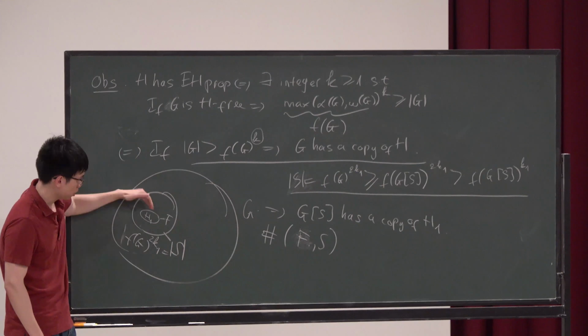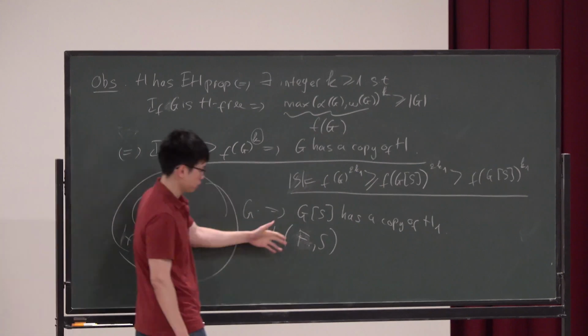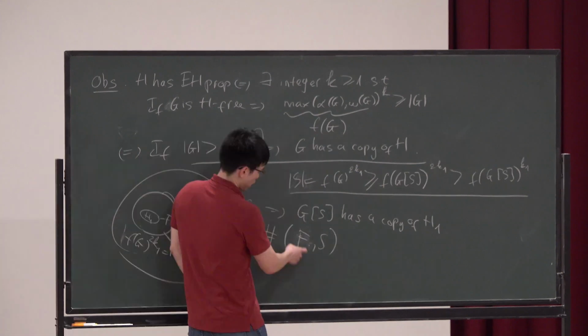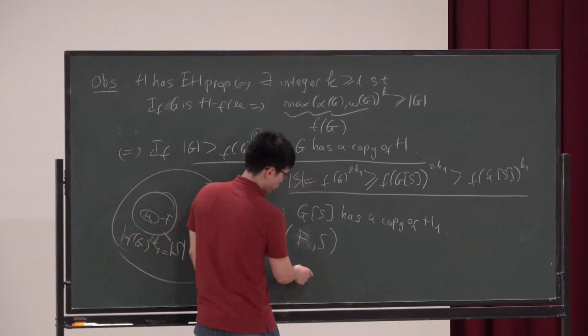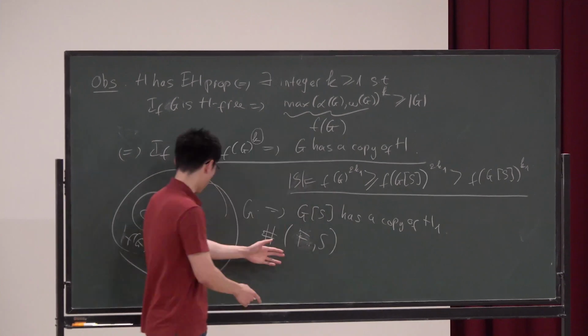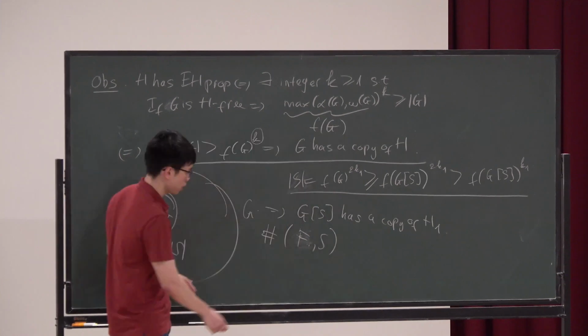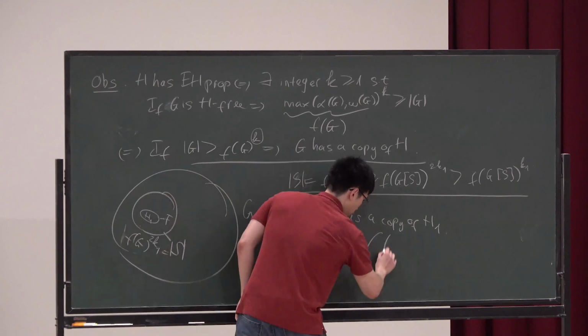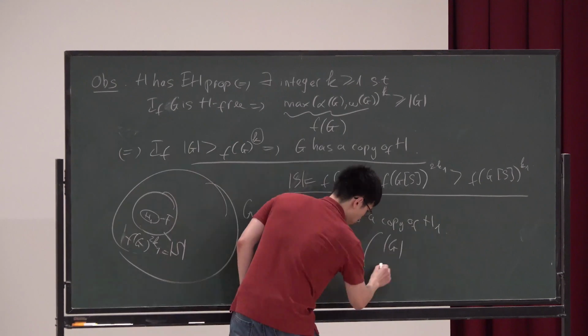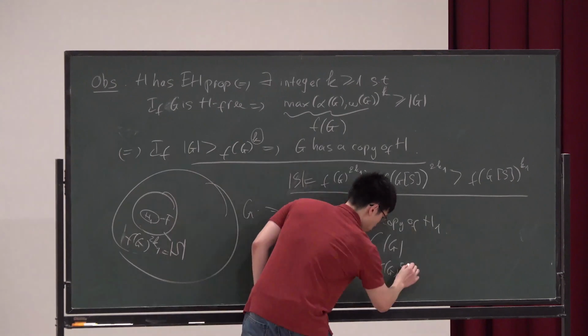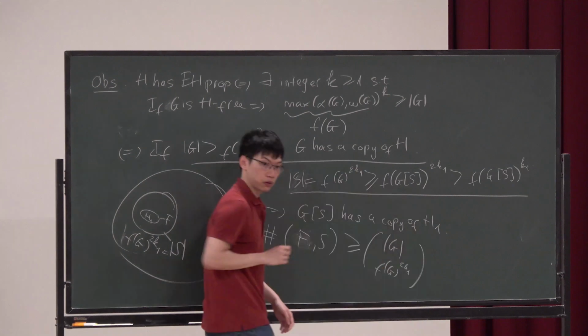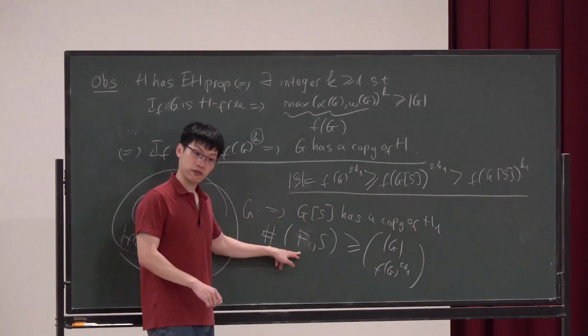So now we count by two sides. By what we have just said, this number is indeed at least |G| choose |F(G)| to 2k1, right? Because for every F there is an F, right?